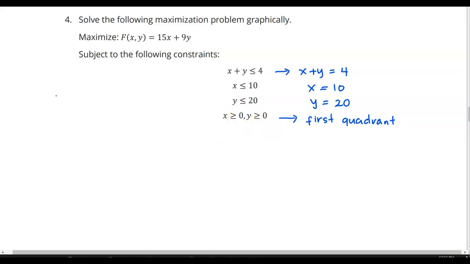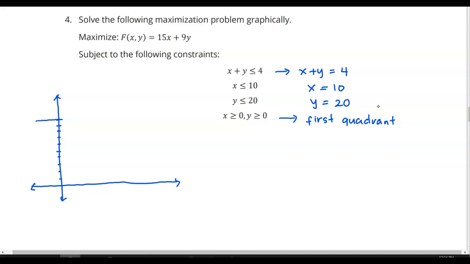Now let us graph these constraints here on the first quadrant. Let us begin by graphing these two equations here, x equals 10 and y equals 20. So for instance, when y is 20, we have 1, 2, 3, 4, 5, 6, 7, 8, 9, 10. Suppose we do increments of 2 here.